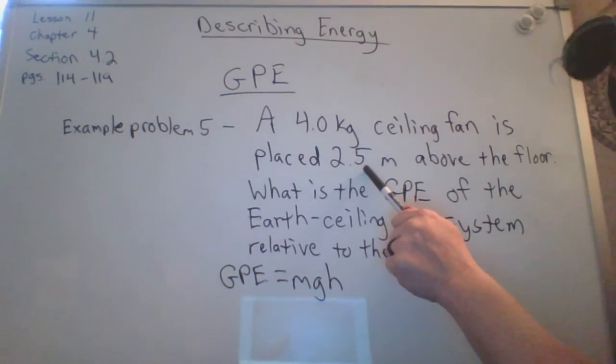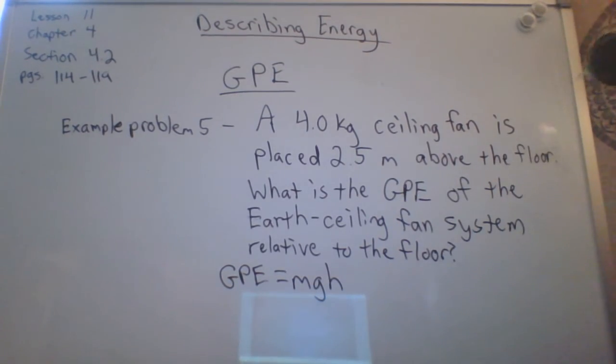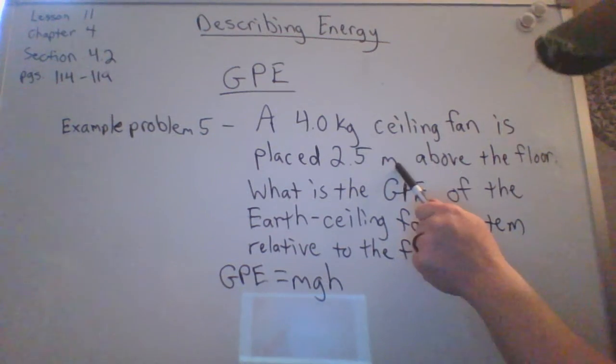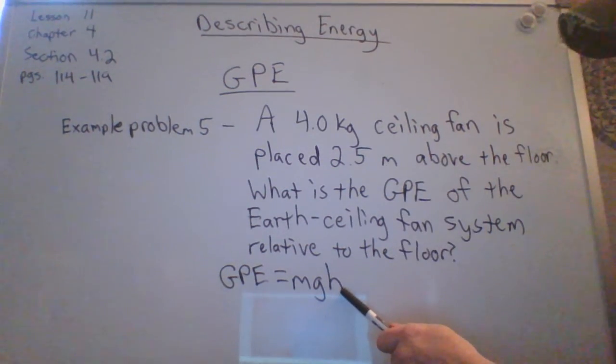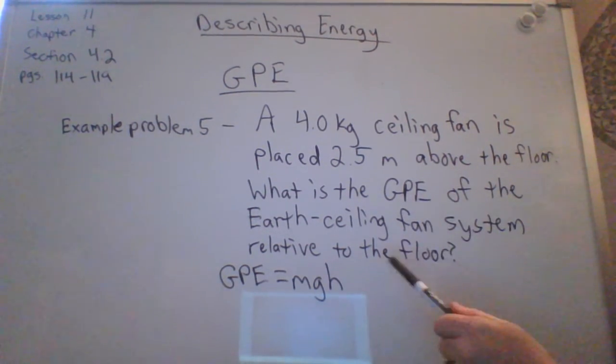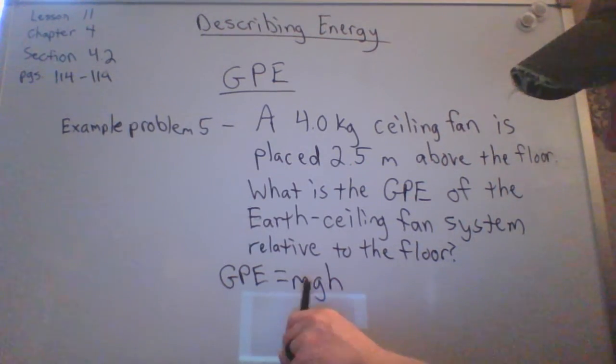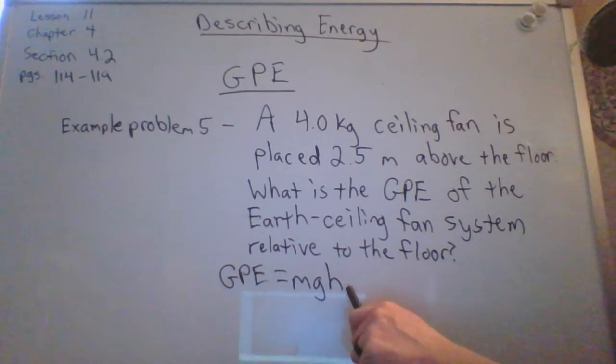Let's look at this measurement right here. This particular measurement in meters is our height. It's above the floor. So we now have our mass and we have our height.